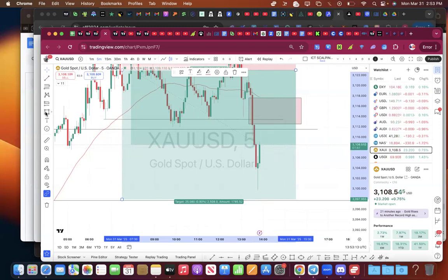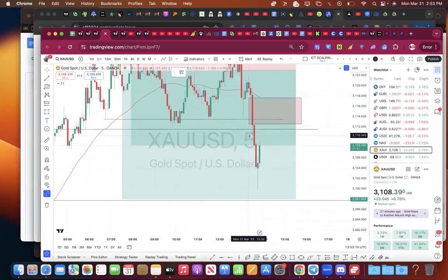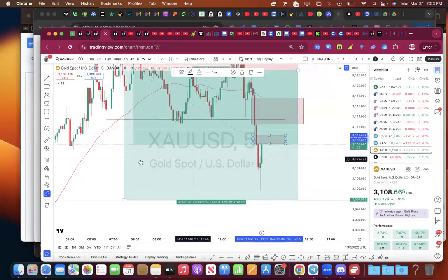Look at it here. That's another fair value gap. So it could mitigate this one and then continue to rally down.